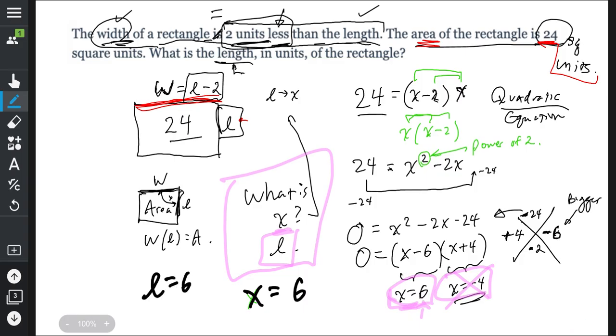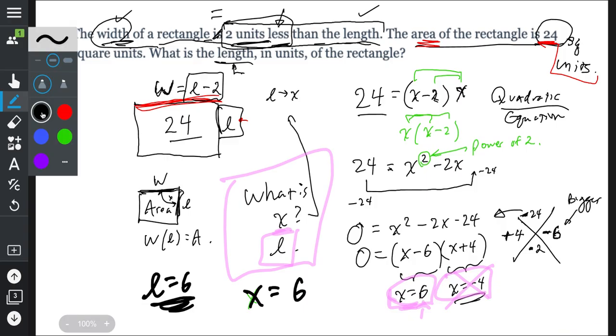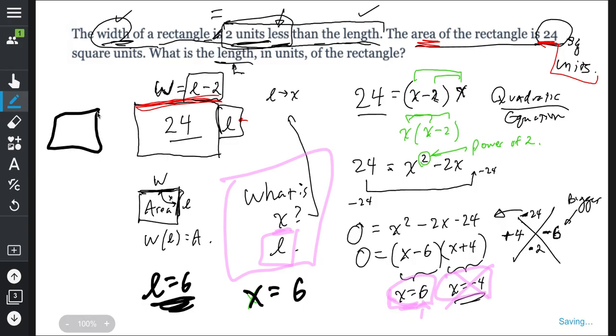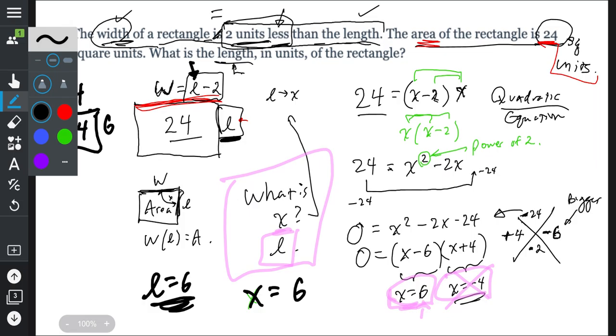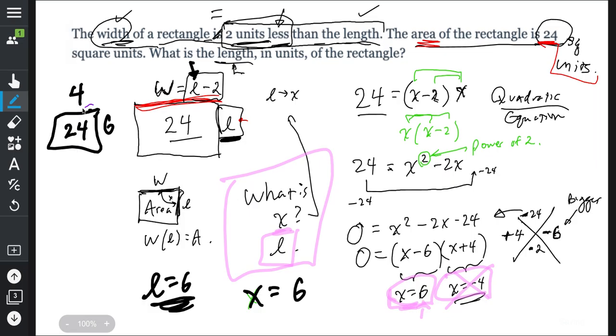Let's put this back into our picture. Let me redraw it over here. Here's L. This is 6. Here's L over here. 6 minus 2 is what? 4. And guess what? 6 times 4 is 24. And this number is the same as this minus 2.